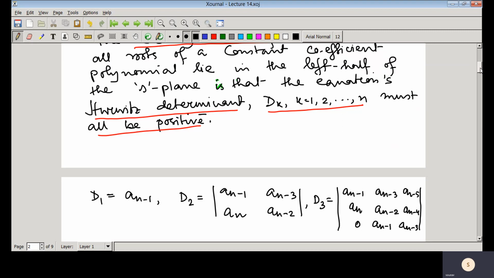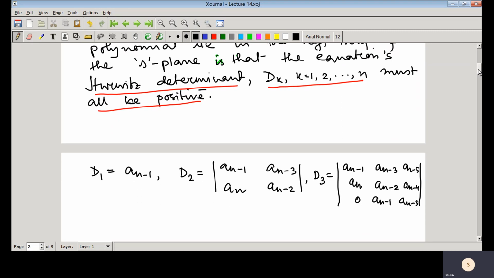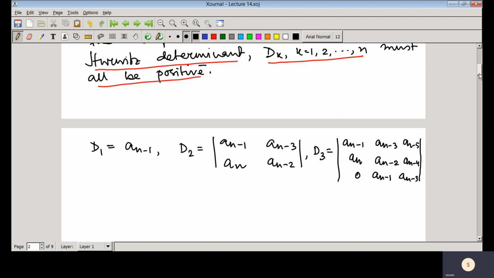So I think it is clear from those matrices what sequence we need to follow for forming the Hurwitz determinants.